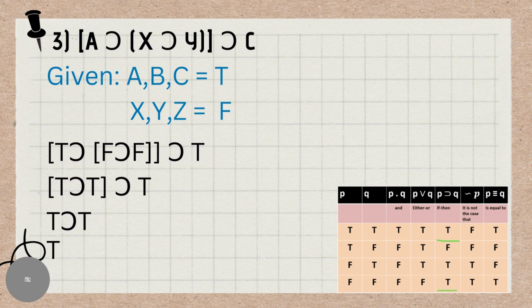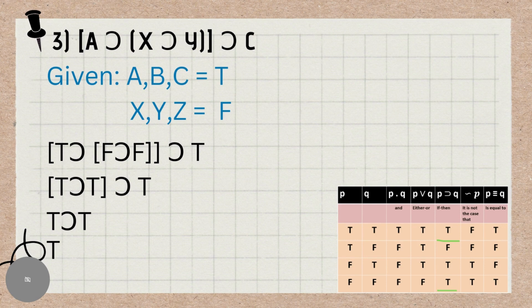So we have the given from the question: A, B, C as T and X, Y, Z as false. So step one is converting the following to truth values. A will be replaced with T, X as F, Y as F, and C as T. Using the rule BODMAS, we will be simplifying this sentence.